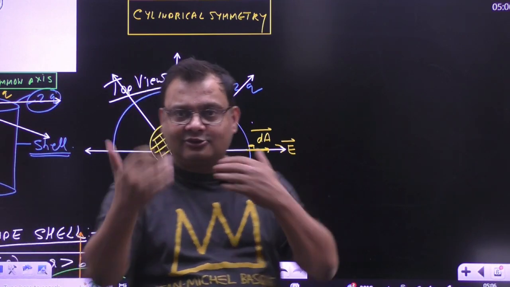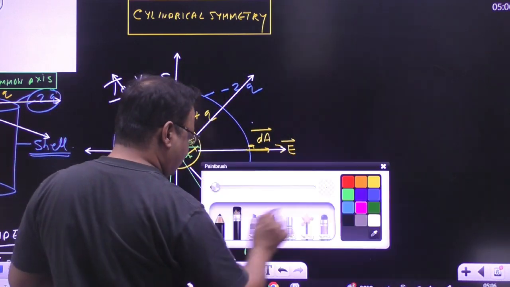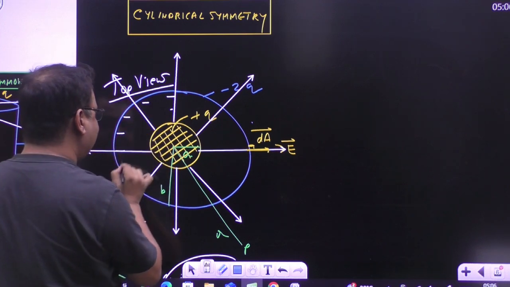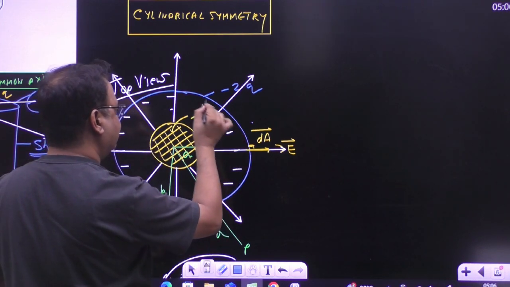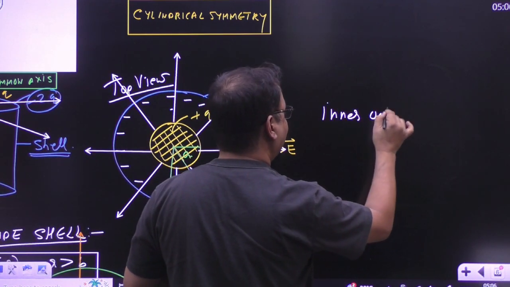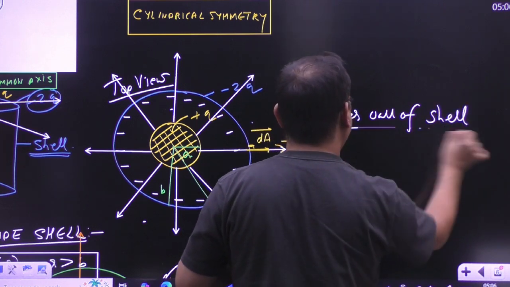The inner cylinder is coaxial with the outer envelope. So the induction will take place and a charge of minus q will be distributed uniformly on the inner wall, correct? So the inner wall of the shell has a charge of what?